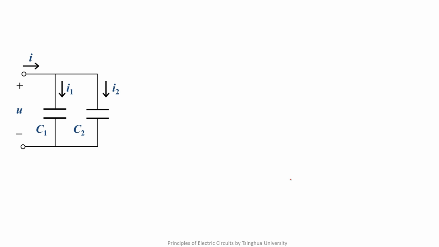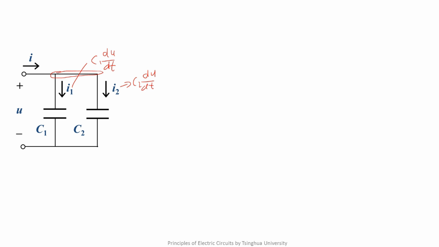Similar to the series-parallel connection of resistors, now let's discuss the series-parallel connection of capacitors. In the circuit shown in this figure, we know that i1 is equal to C1 times du/dt, and i2 is equal to C2 times du/dt.